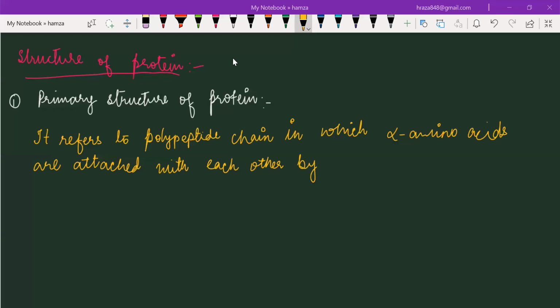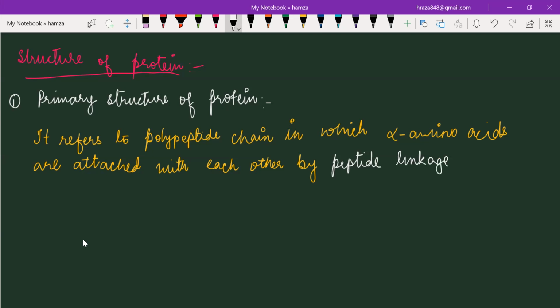So you can see it refers to the polypeptide by tight linkage. Specific sequence, like linearly, means specifically linearly.